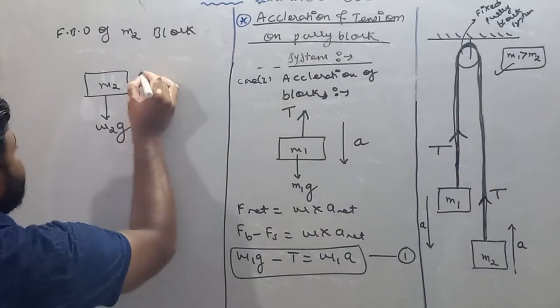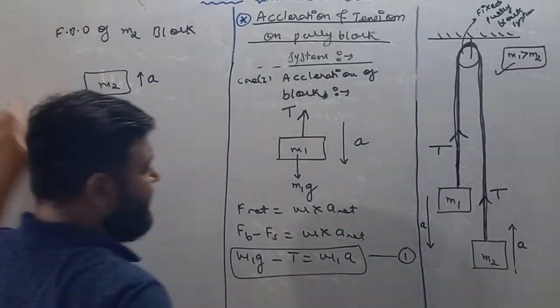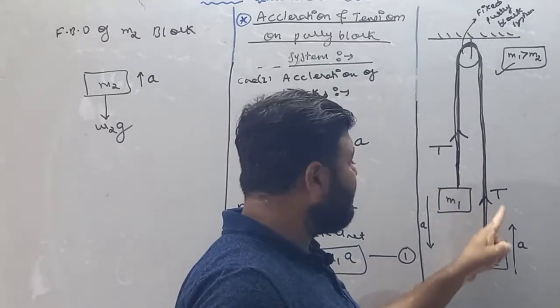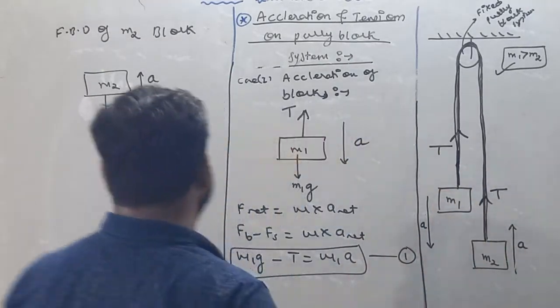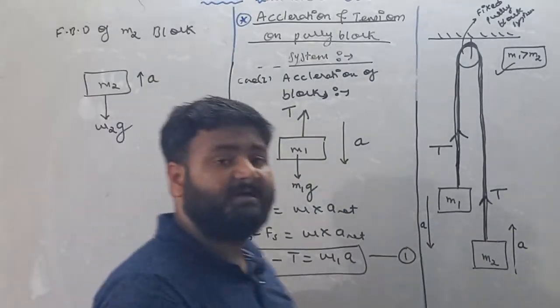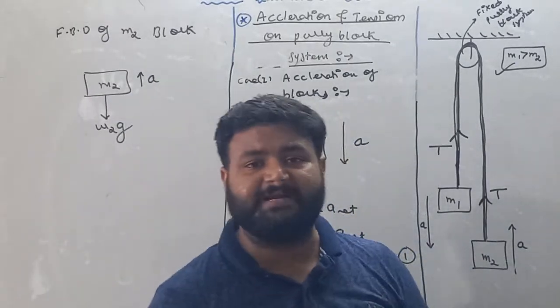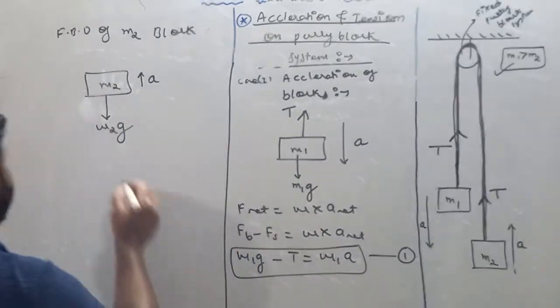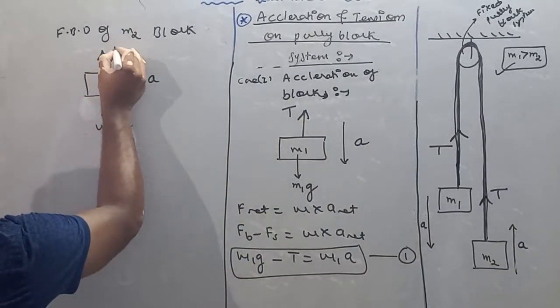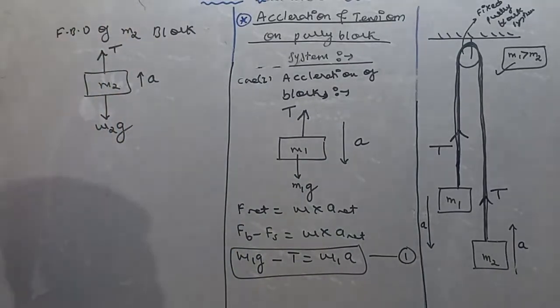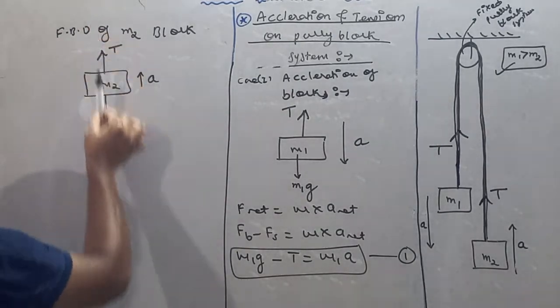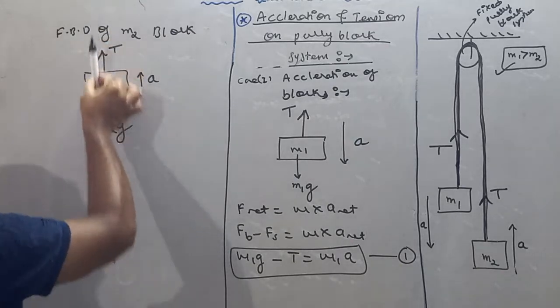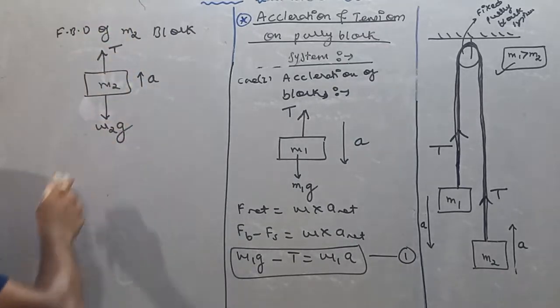It means the acceleration is in the upward direction, and there is a force called tension, as the string is connected with M2 as well, and we know that tension is a pulling force which is always made away from the body. So let's make the value of tension T, and acceleration is in the upward direction. Now see, there are two forces acting along the direction of acceleration. One is in the upward direction and another is in the downward direction.